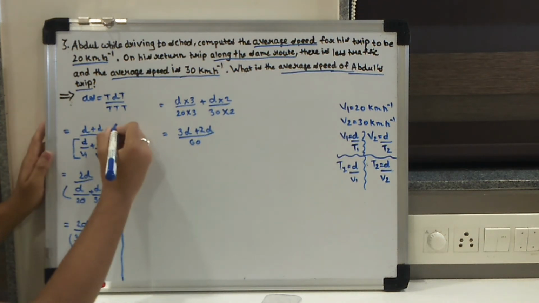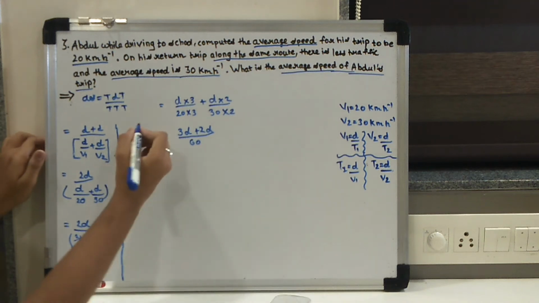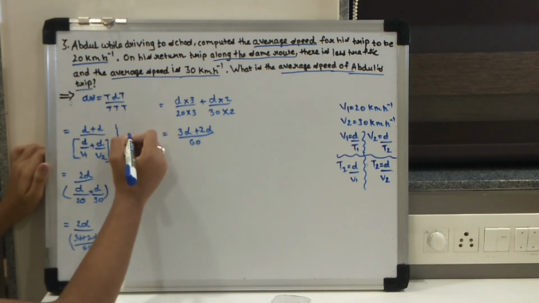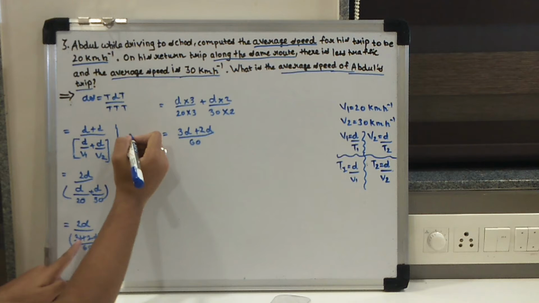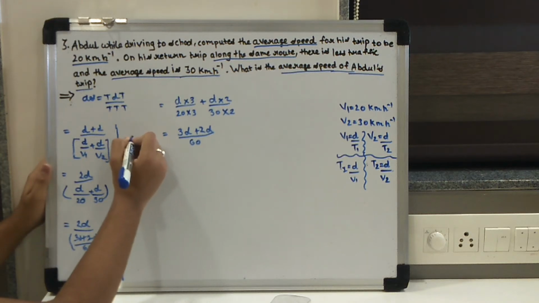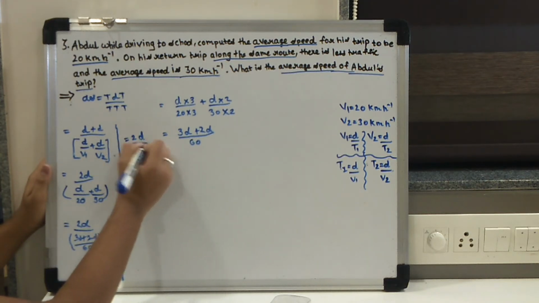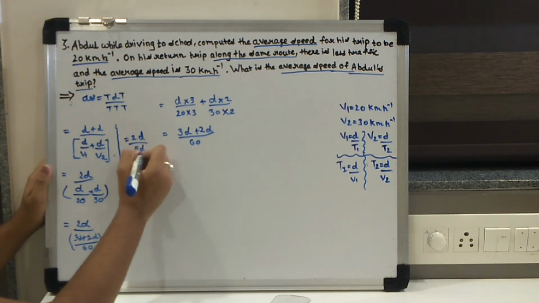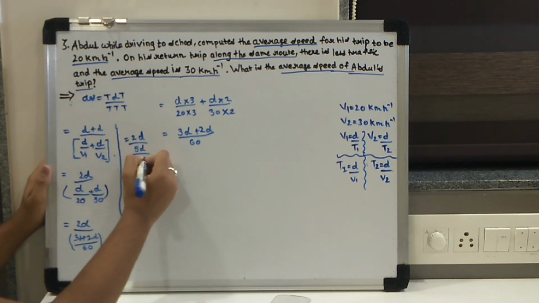Okay. So 2d here, 3d plus 2d will be added. So 2d upon 5d upon 60.